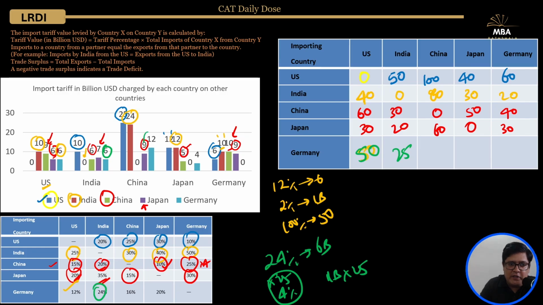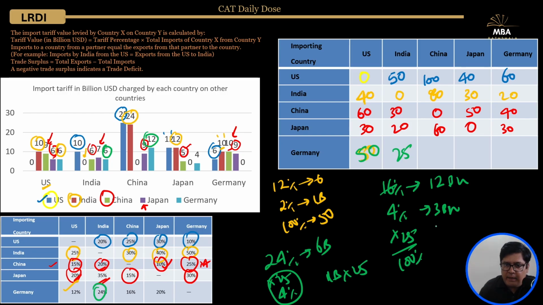Germany and China, look at this, 12 billion. 16 percentage is equal to 12 billion. If I cancel 4, 4 percentage is equal to 3 billion. Make it 25, so it becomes 100 percentage. Make it 25, it becomes 75 billion. Japan, they are charging 4 billion. 20 percentage is 4 billion.